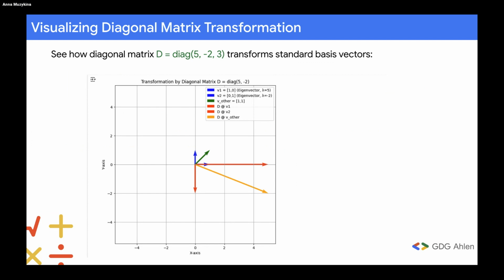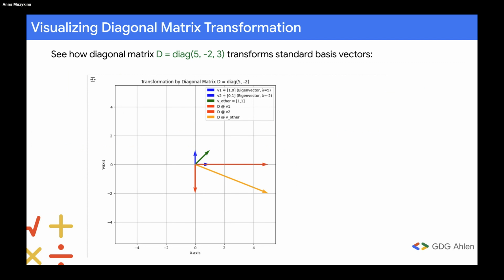It's our red arrow along the negative y-axis. Again, it stayed perfectly on the y-axis. Its direction span is unchanged, but it was scaled by -2. Its eigenvalue, meaning it flipped direction and stretched to length 2.